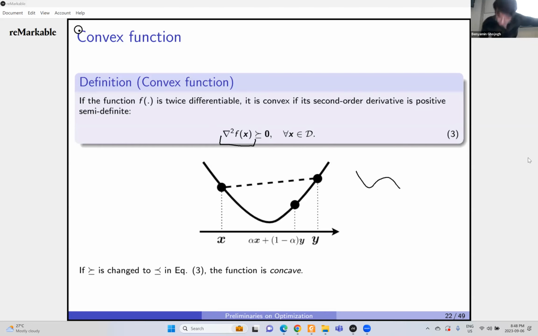A counterexample, this is not a convex function, because some region of it is facing downwards. These two are facing upwards, but some region is facing downwards, right? In simple words, I told you 3 definitions of a convex function. Forget them now. If the function is like this, it is convex. If it is like this, it is non-convex. Okay?